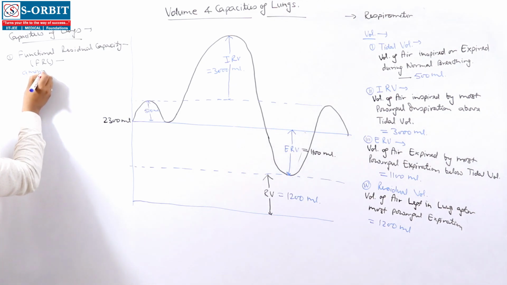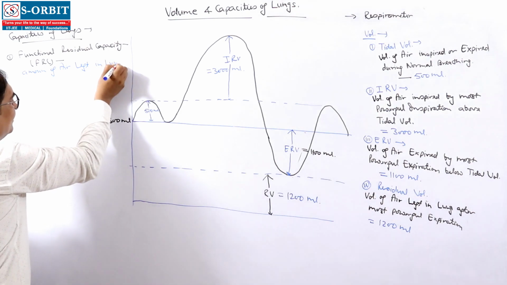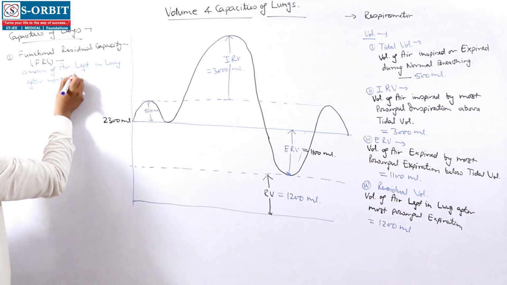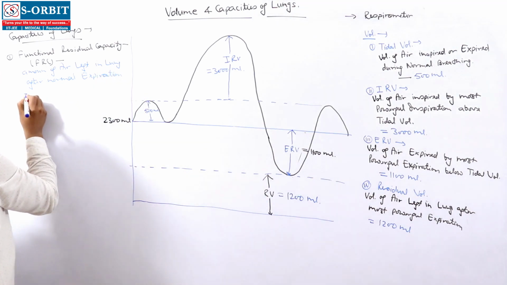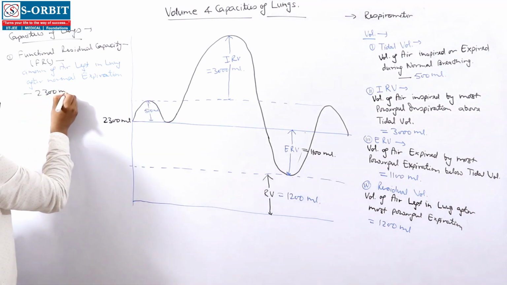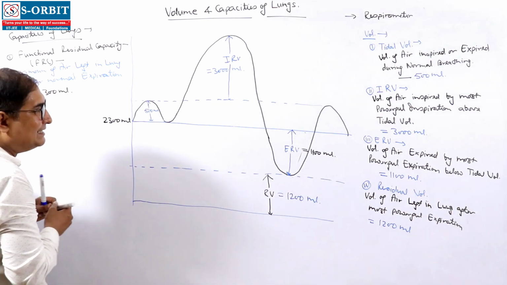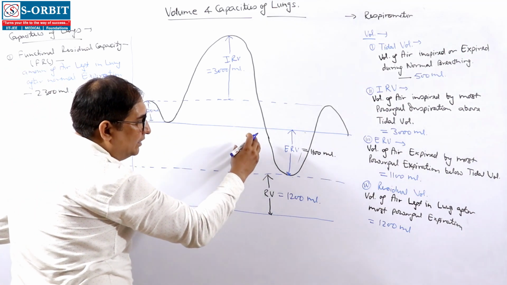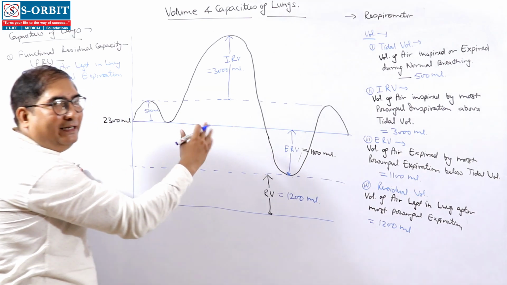The amount of air left in lungs after normal expiration is about 2300 ml on an average. And what is the functional residual capacity? The functional residual capacity is the amount of air we get by adding the residual volume plus expiratory reserve volume.